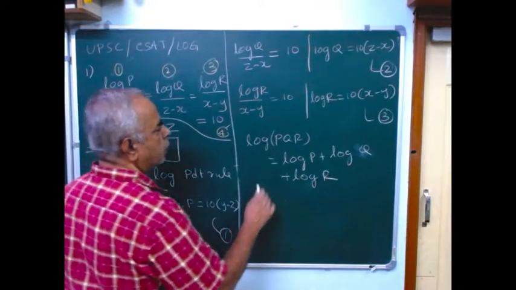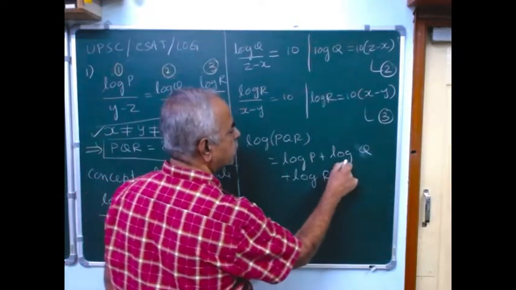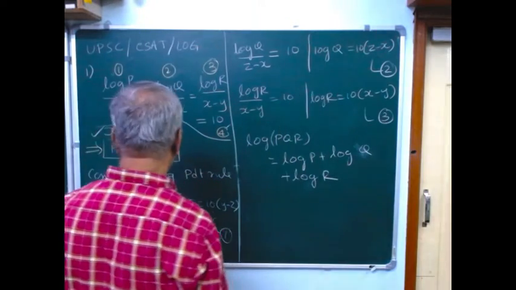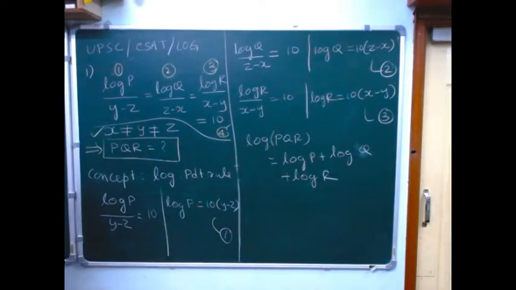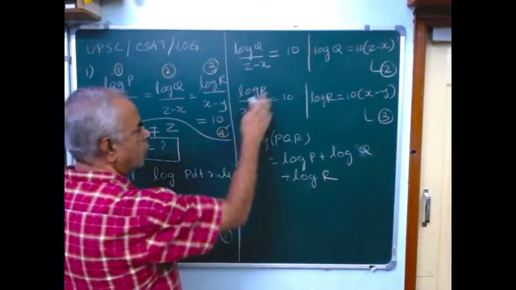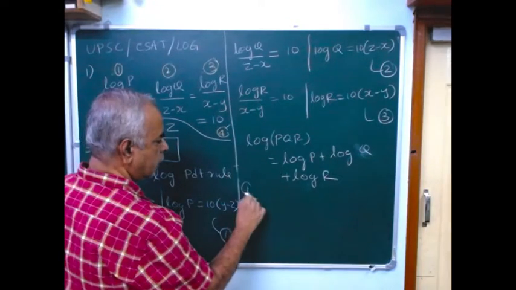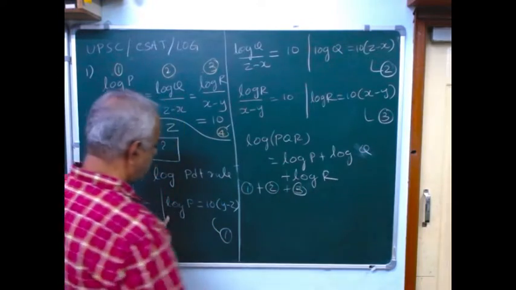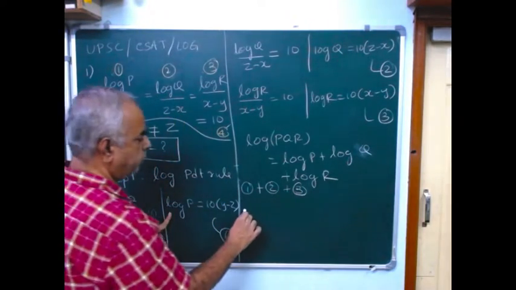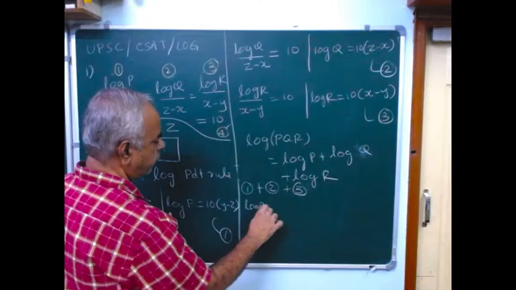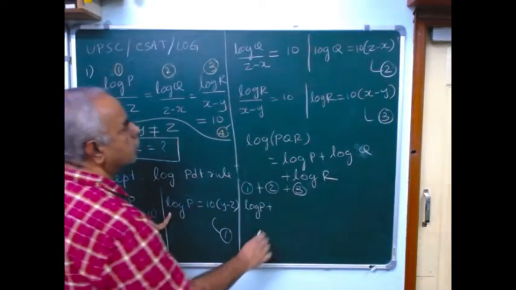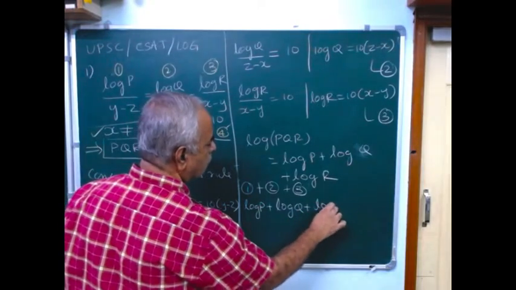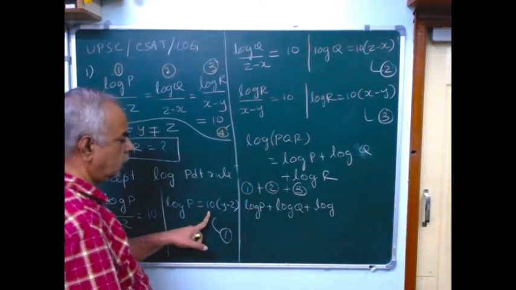Now listen, how can you get this log P plus log Q plus log R from these equations? You can add the RHS. Let us add equations 1, 2 and 3. Take the respective LHS: log P, log Q, then log R. Now you can take the RHS.